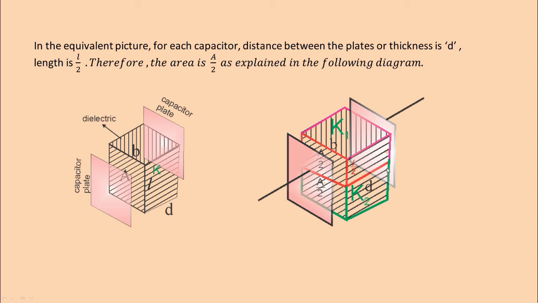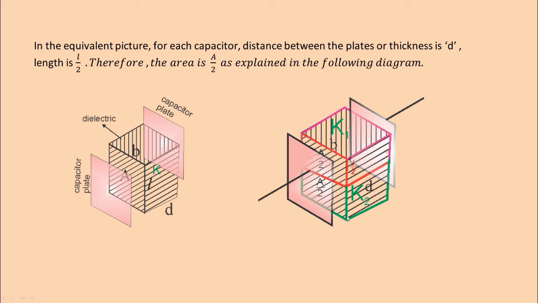So, distance between the plates is D. The breadth is B. Only the length is L by 2 here, L by 2 here. So, for each dielectric, you can take the area to be A by 2, A by 2. He gave in the question only L by 2. He didn't say anything about the area, but you can see from this picture. B into L by 2 is this area.